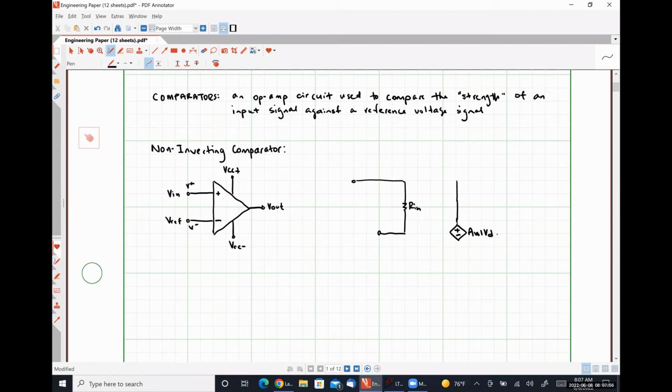Here's our open loop gain times Vd, dependent source, where Vd, our differential voltage, is simply the potential difference across the resistor Rn, measured as the voltage at the non-inverting input terminal minus the voltage measured at the inverting input terminal. Over here, we would have our resistor R out. This is our output pin.